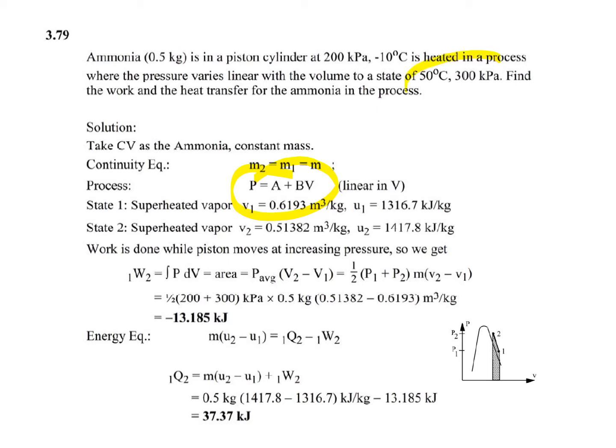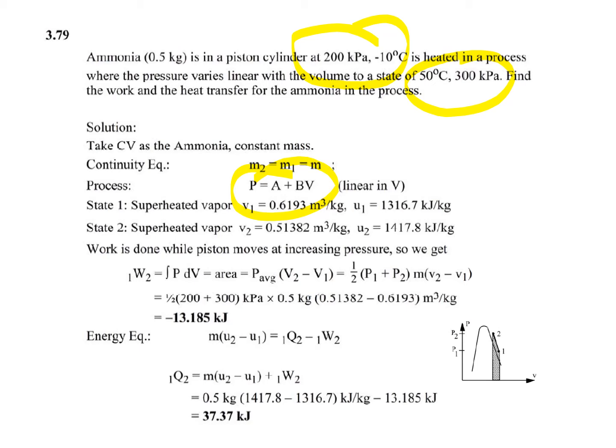This is the final state and this is the initial state. Find the work and heat transfer. It is quite similar to the previous problem, so you can look at the previous slides and solve it very easily.